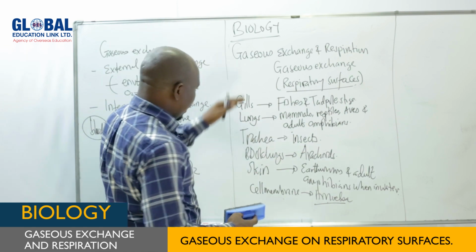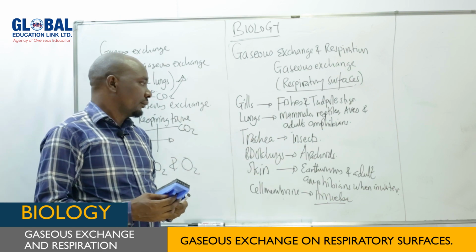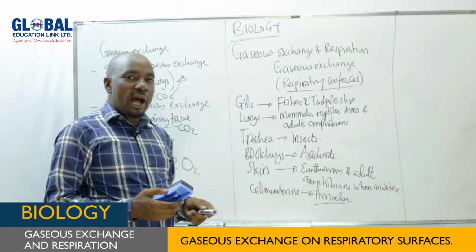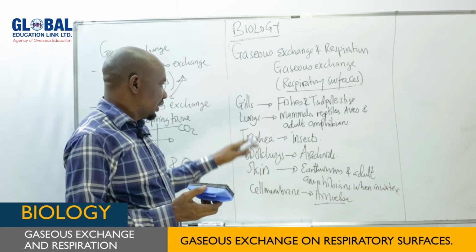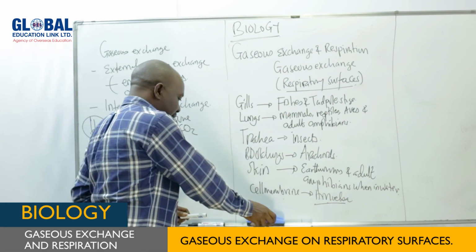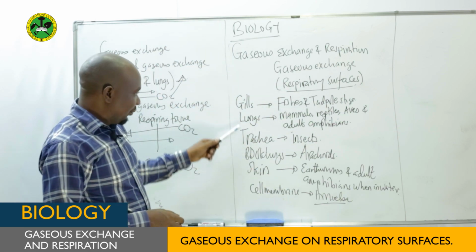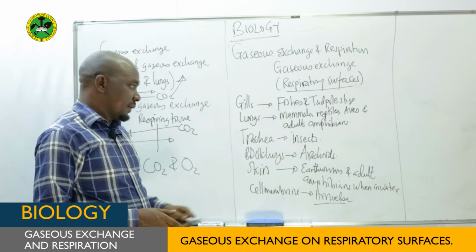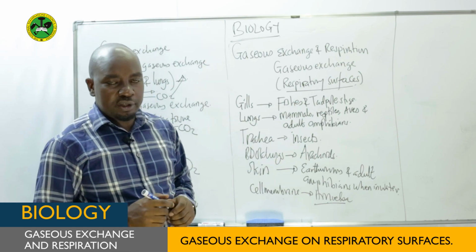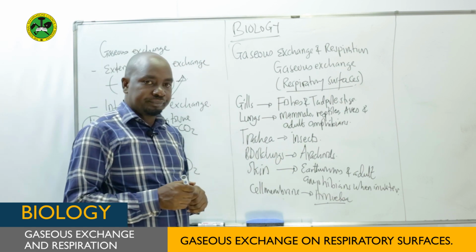Dear student, knowing these respiratory surfaces, we can now tell the adaptations of these organs to the function they perform. All of these, we have mentioned 1, 2, 3, 4, 5, 6. They have common features for the function they perform.